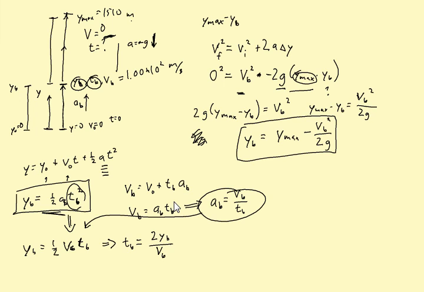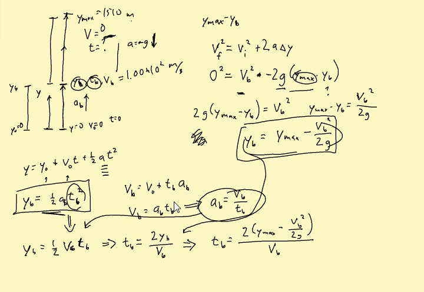And yb, remember up here was this, right? So we can take that down and plug it in, and what we're going to get, I'm just going to rewrite it all, tb is 2 times y max minus vb squared over 2g, all over vb.